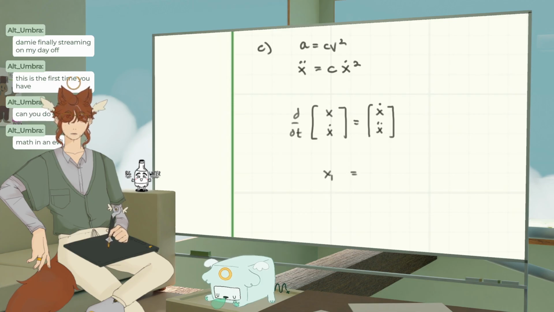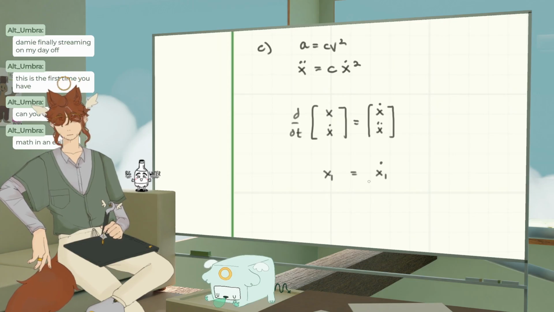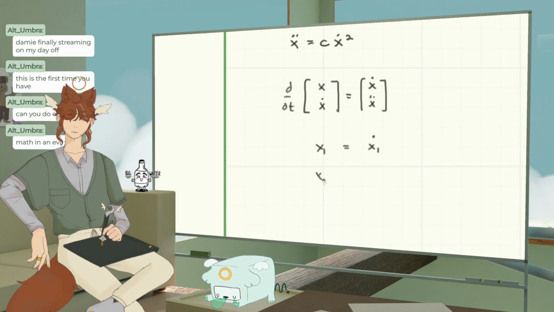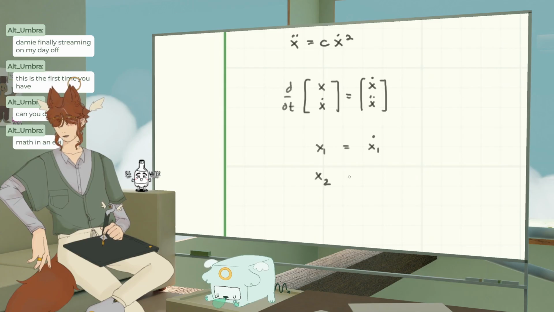And then they say that this is x1 dot, which I don't like. Well, so this is position. No, so I guess that's okay. And then we have x2, which equals x1 dot also.